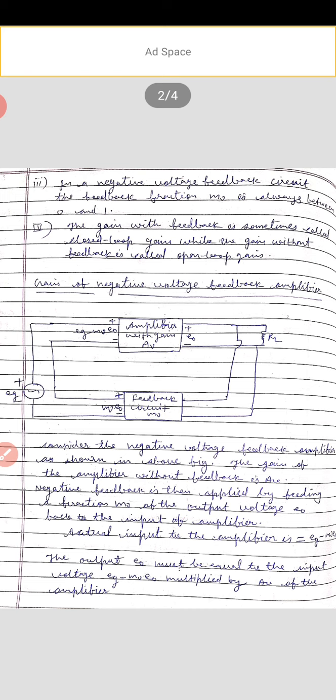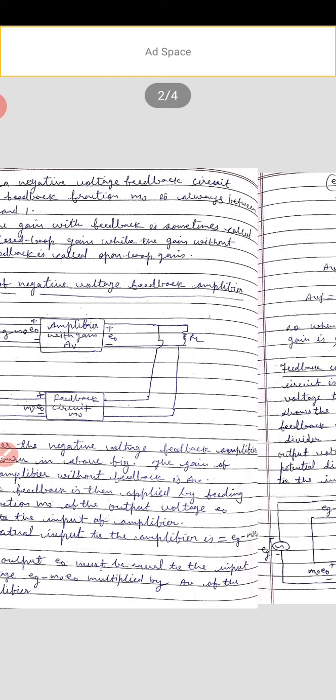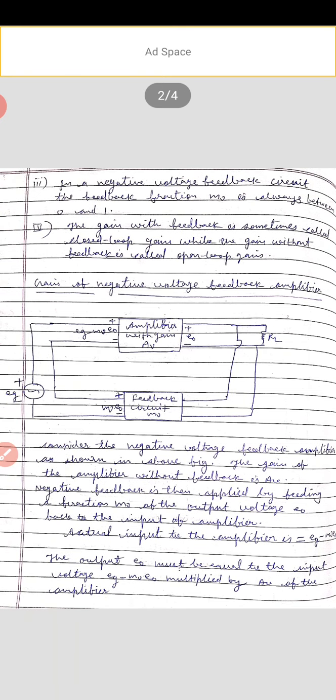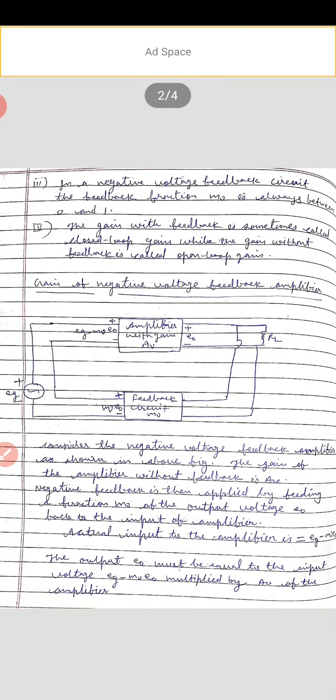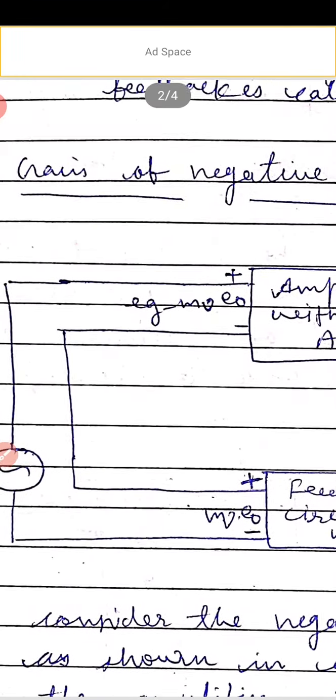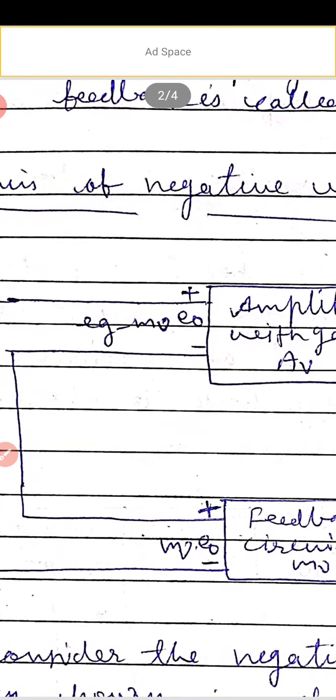Then the actual input to the amplifier will be EG minus MV into E naught. This is clear in the diagram.